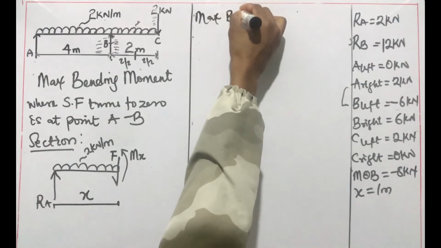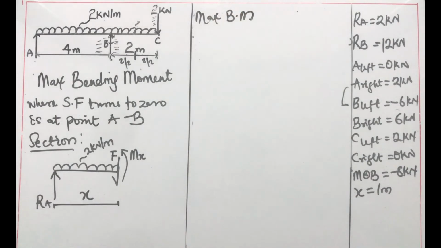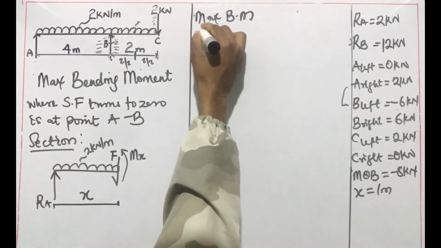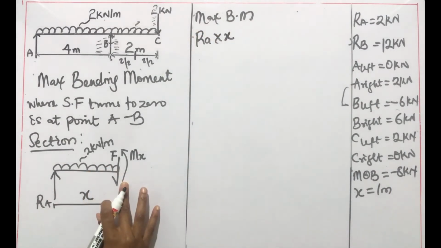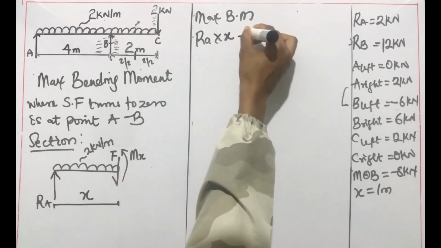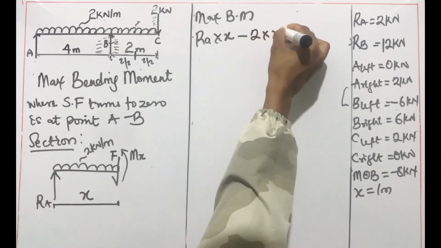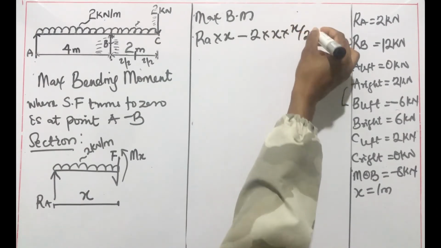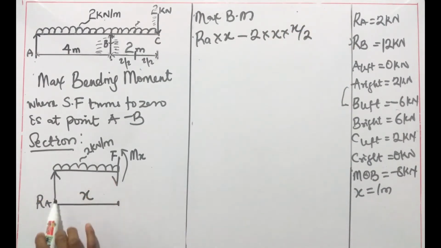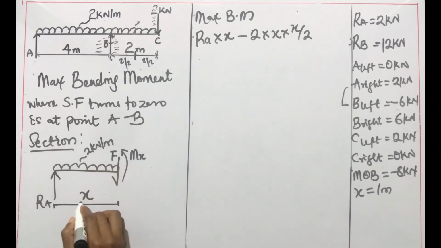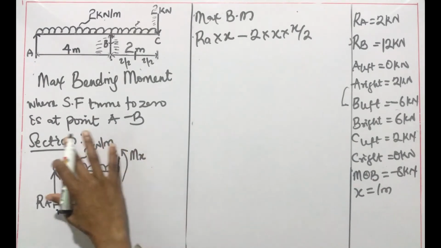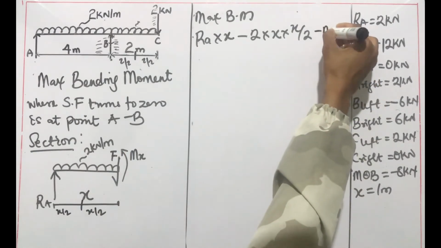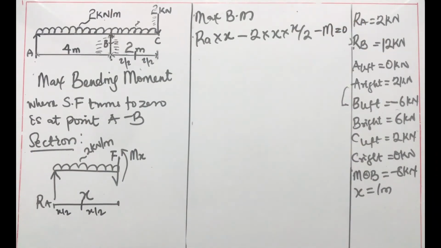For the maximum bending moment, we have RA times its distance x. The next force is the UDL. It's an anticlockwise moment, multiplied by its distance, x divided by 2, because it's going to act at the middle, dividing it into x over 2 and x over 2. The next is the moment, which is acting anticlockwise.